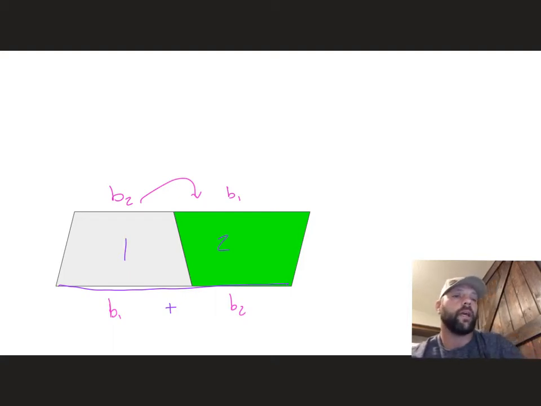So I add my bases together, multiply by the height, because that's what we do for any shape, we multiply it by the height, our 90-degree angle, and then I divide it by 2 because it takes 2 trapezoids in order for me to make a parallelogram, a shape that I already know.